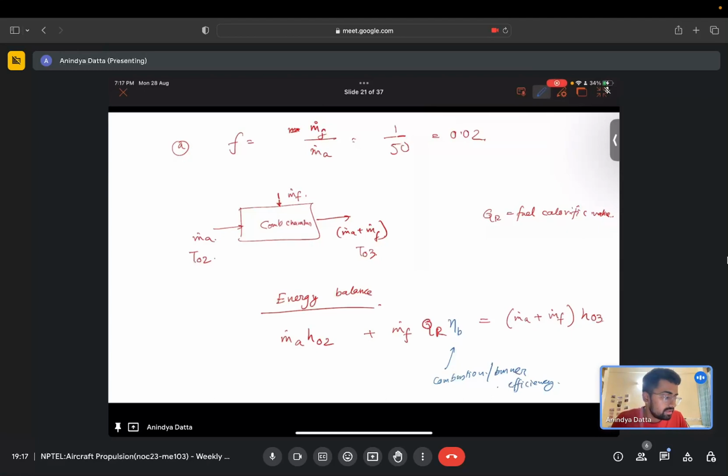This shows that the net heat input from the burning of fuel is lesser than the ideal value. The ideal value is m dot f times QR. So if you multiply it with the combustion or burner efficiency, we get the actual heat input by the fuel burning. Okay, is this clear?